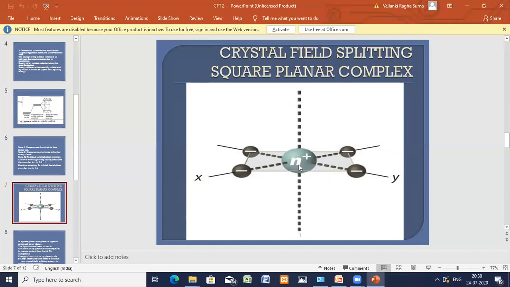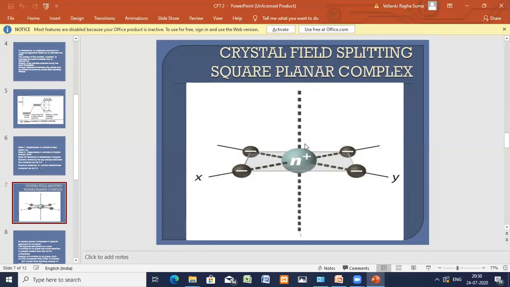But there the 4 ligands approached in between the axis. But here the 4 ligands are approaching along the axis, that is only the x coordinate axis and y coordinate axis. Along the x axis, 2 ligands are approaching. Along the y axis, 2 ligands are approaching.